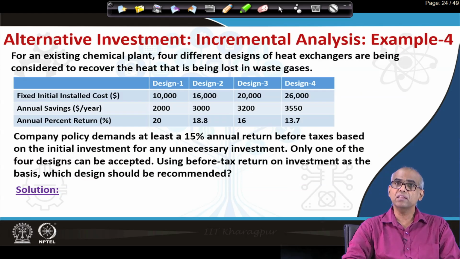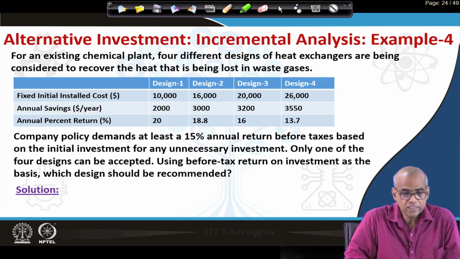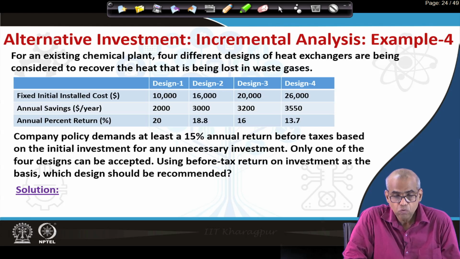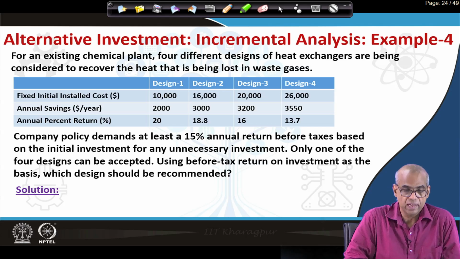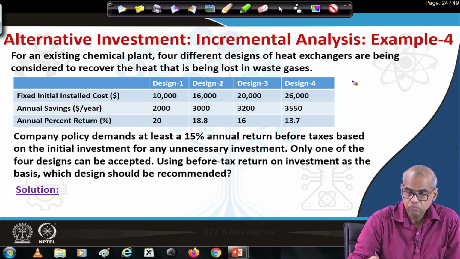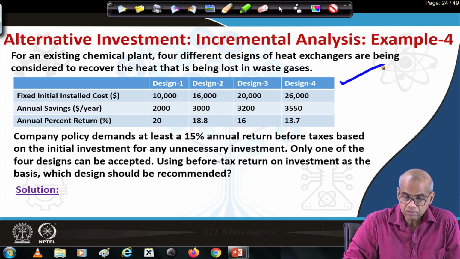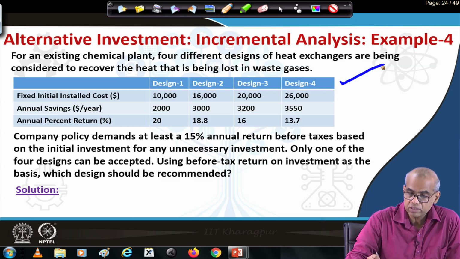Let us try to understand that with the help of an example. For an existing chemical plant, 4 different designs of heat exchangers are being considered to recover the heat that is being lost in waste gases. So, you have 4 designs: design 1, design 2, design 3 and design 4. Fixed initial costs for each design are given as $10,000, $16,000, $20,000 and $26,000.